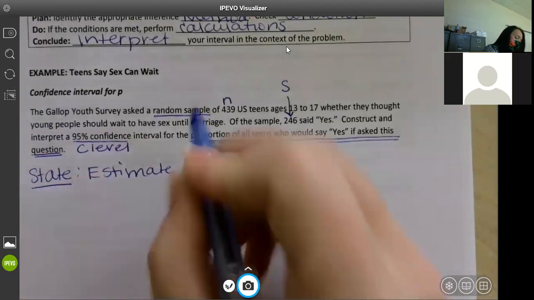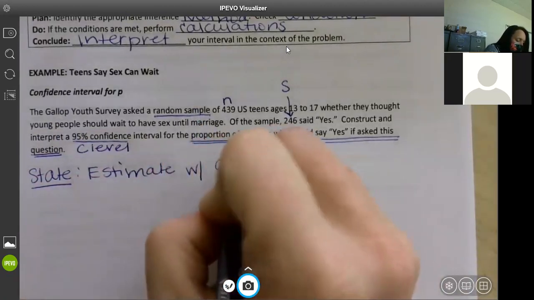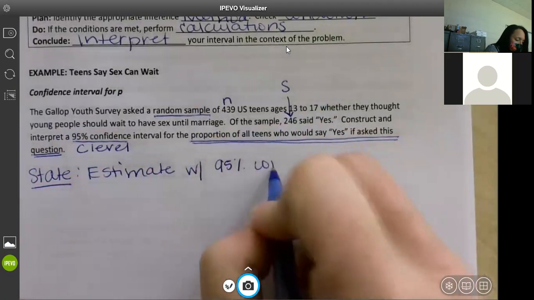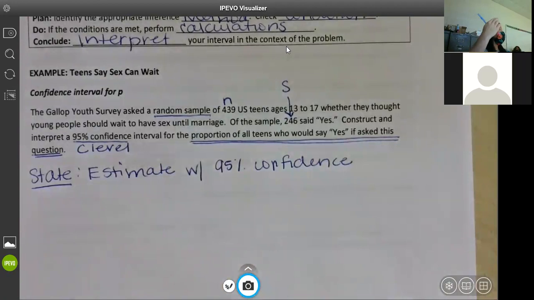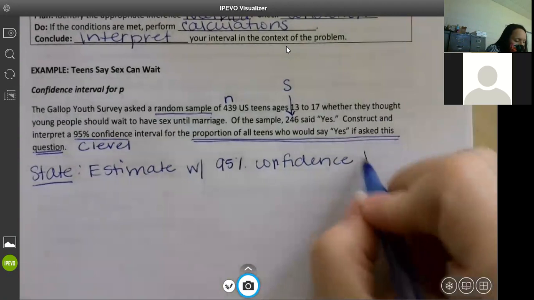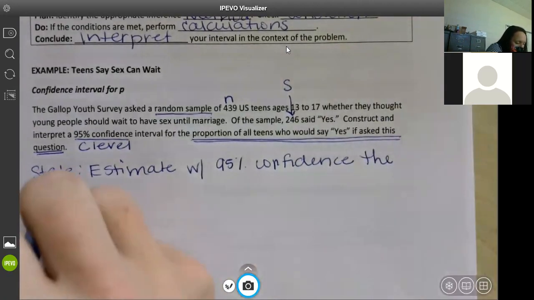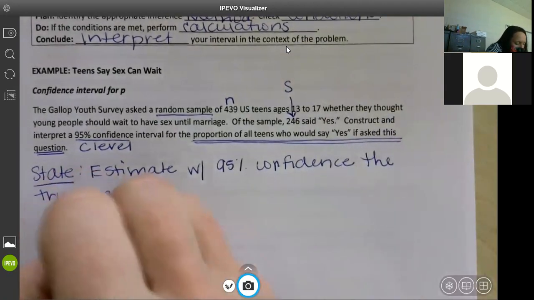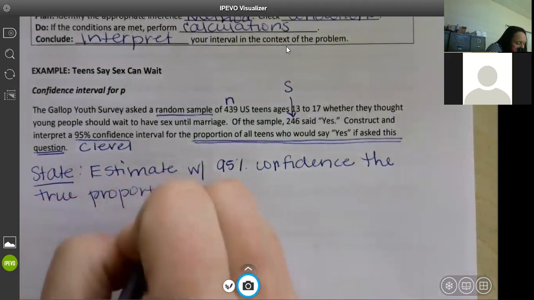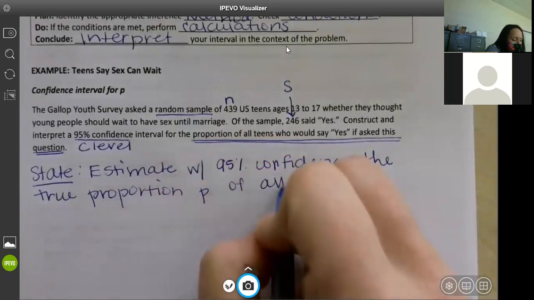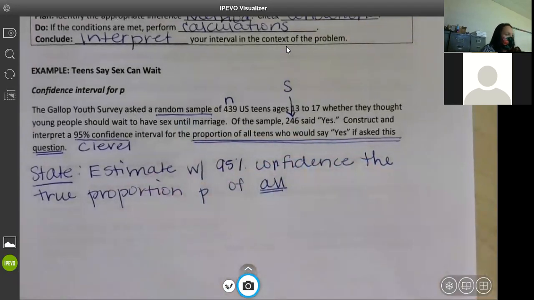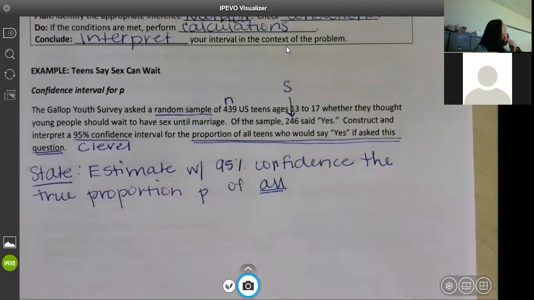So to state, we're going to estimate with 95% confidence. This is putting the parameter and the C level all in the same sentence, okay? The true proportion of all. Why do we say all? Because what are we talking about? The population. So we have to say all.